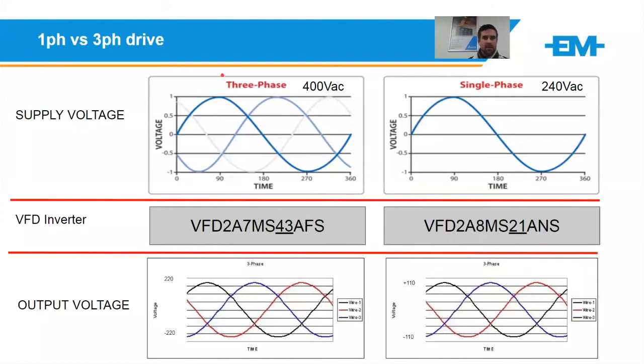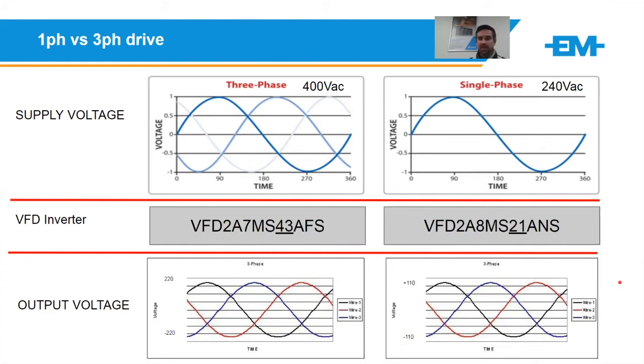Another question that comes up quite often is three-phase and single-phase. I have a single phase motor. Do you have a variable speed drive? No, we don't have a variable speed drive for a single phase motor. We have a variable speed drive for a single phase supply, but the output of that drive is still 3-phase 220 volt.